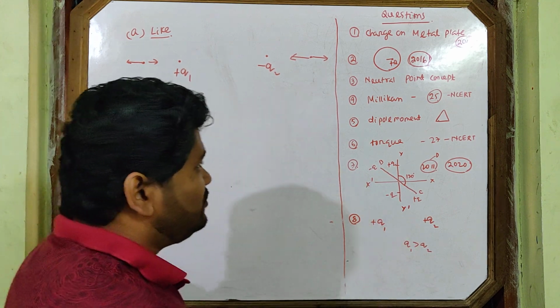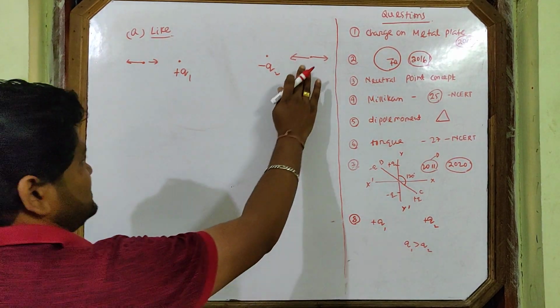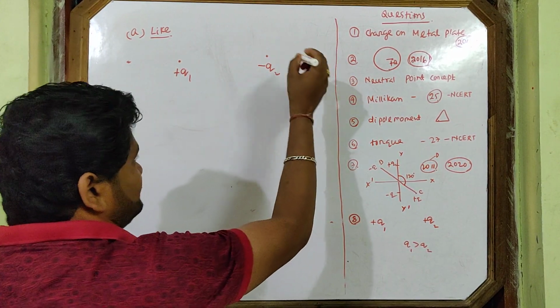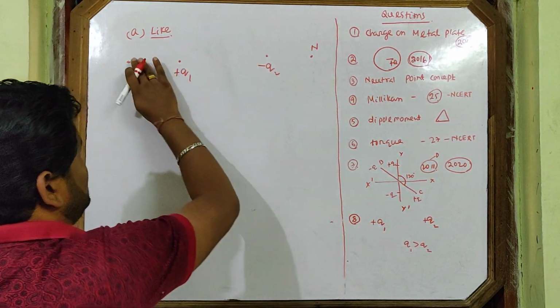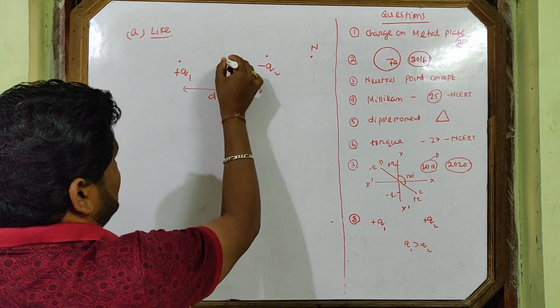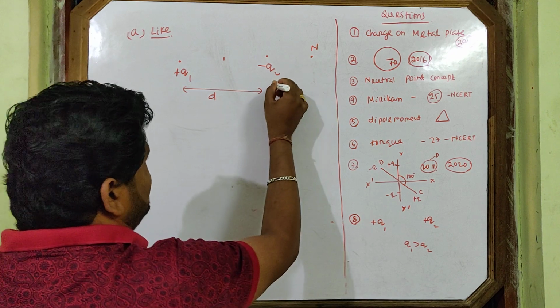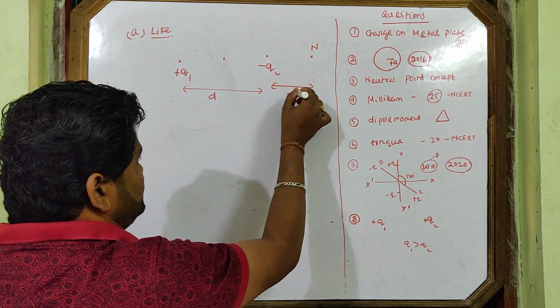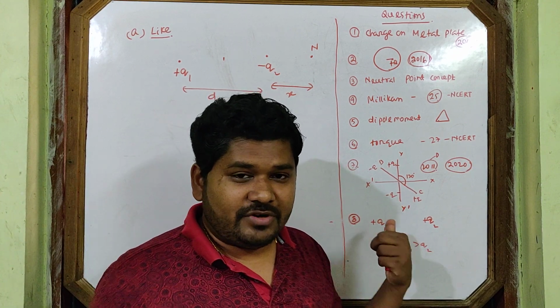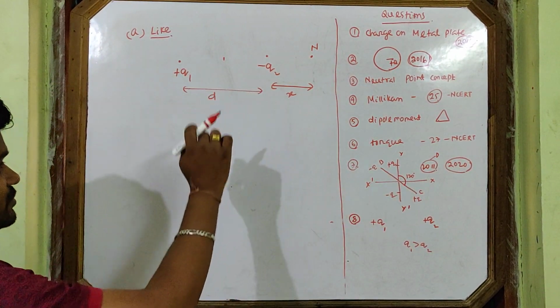Let us see which side the neutral point will lie on. Let us check. Suppose I am taking the point here. This distance you take as d, and the neutral point is here, at a distance x from Q2. I am assuming the neutral point at a distance x from Q2.